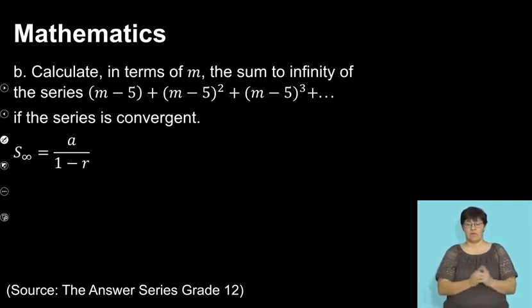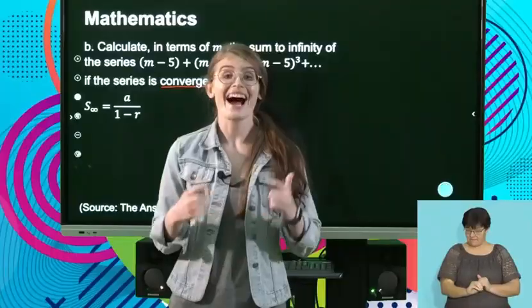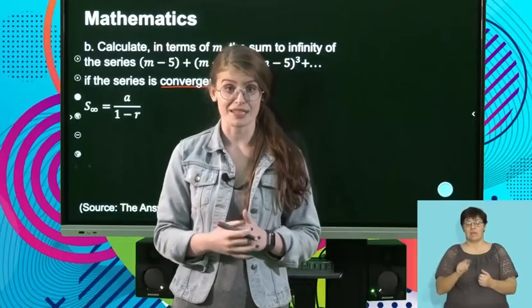We are going to calculate in terms of m the sum to infinity of the series m minus 5 plus (m minus 5) squared plus (m minus 5) cubed going on. We've been told that we can assume that the series is convergent. Cool, guys. So just a reminder, because the series is convergent, I can calculate the sum to infinity.